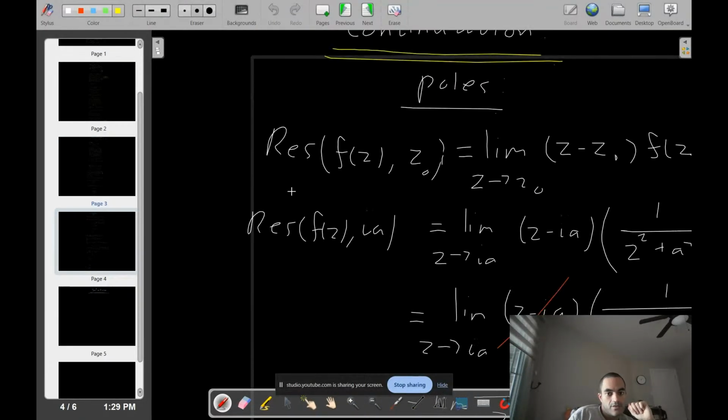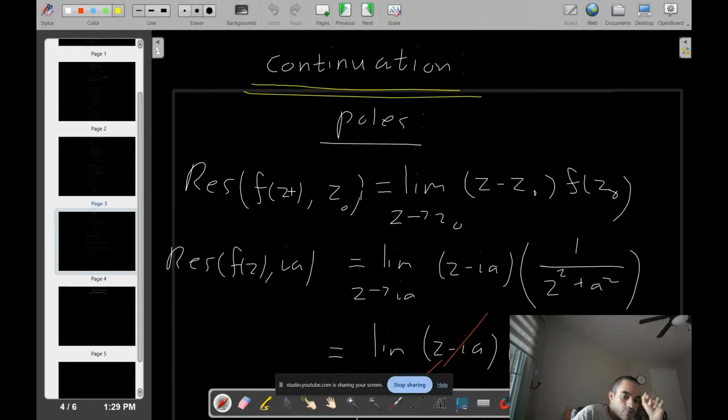So we're continuing. Now we're just applying the residue formulas based on each of the singularities. I'm going to do ia, because that was a positive ia. I'm not going to do negative ia. I'm going to explain why. So we're going to use the residue of f of z at z0.